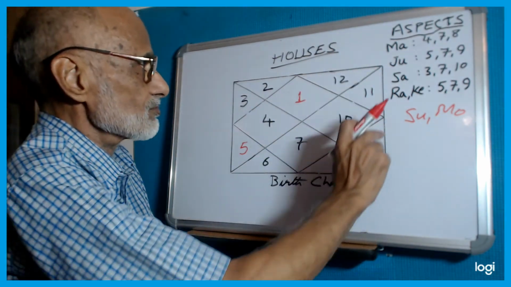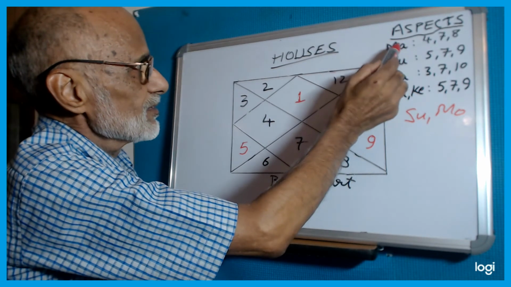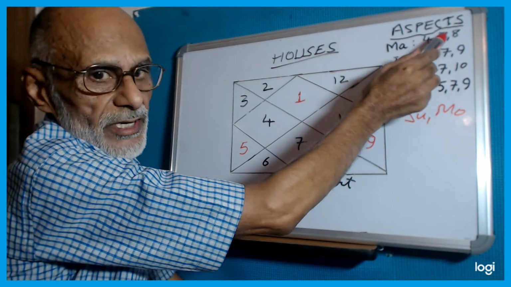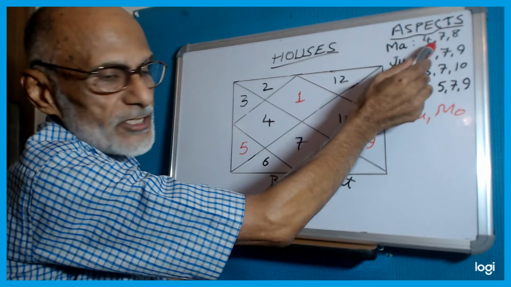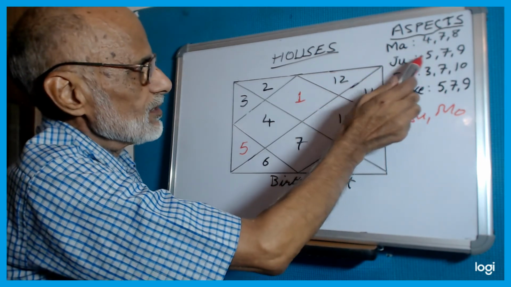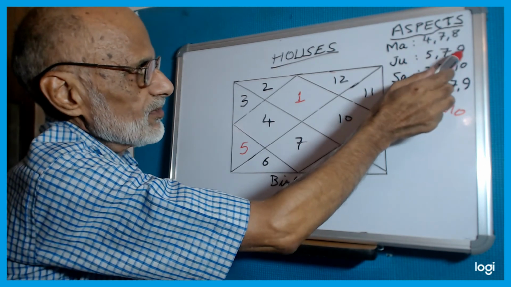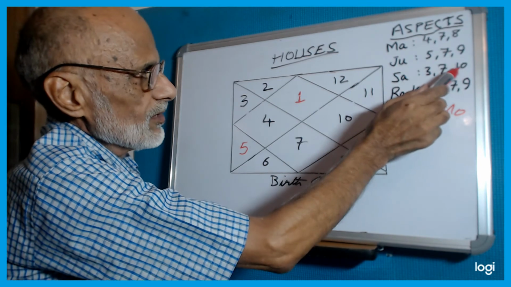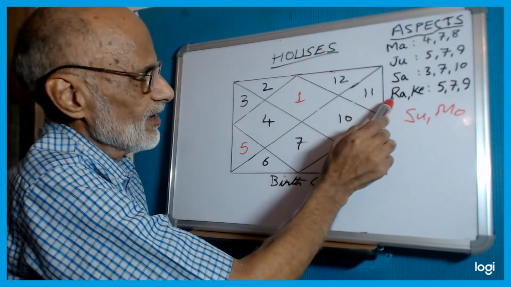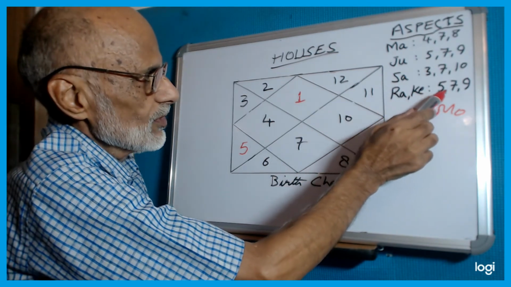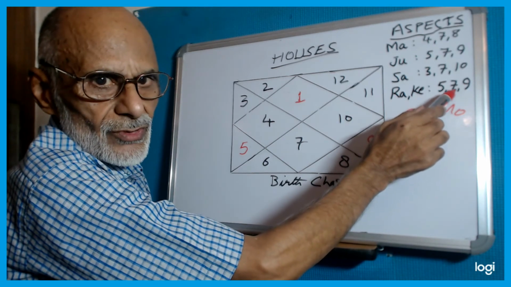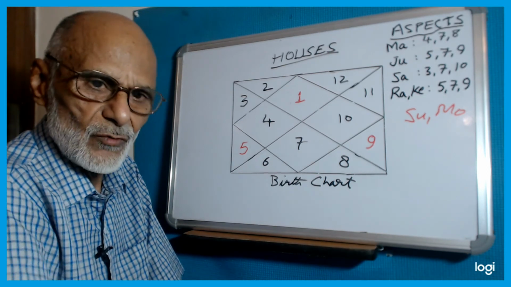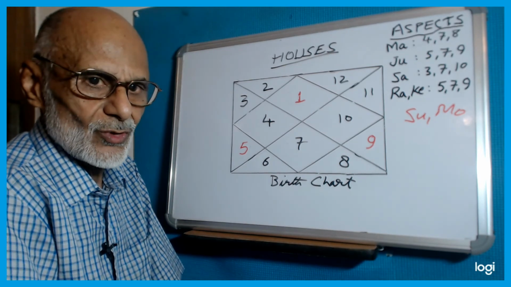But in addition to that, Mars also casts its aspect on the 4th and 8th house in addition to the 7th, and Jupiter the 5th and 9th in addition to the 7th, Saturn the 3rd and 10th in addition to the 7th, and Rahu and Ketu both the 5th and 9th in addition to the 7th house. They cast their aspect, which means they throw their influence over those houses.